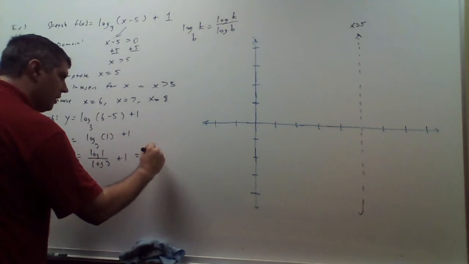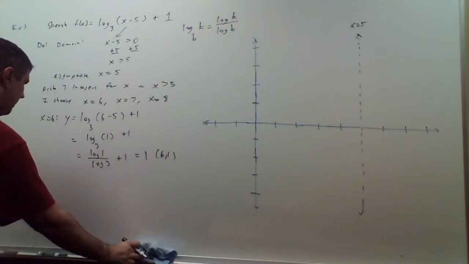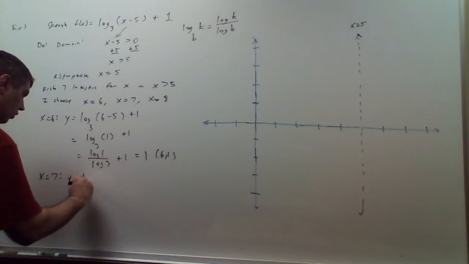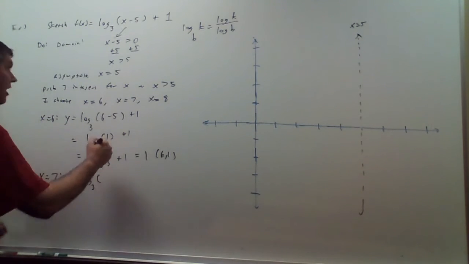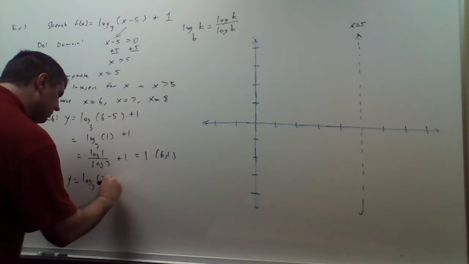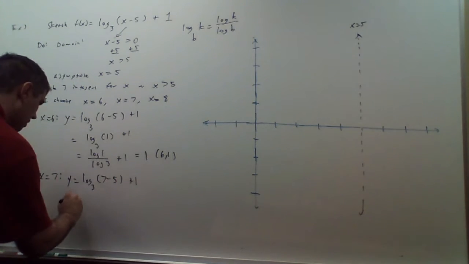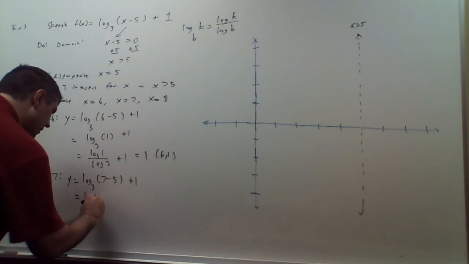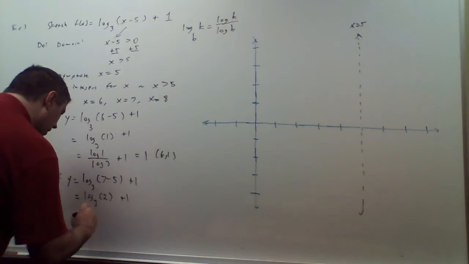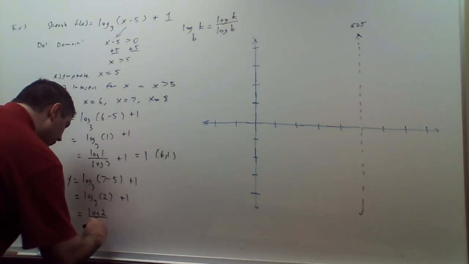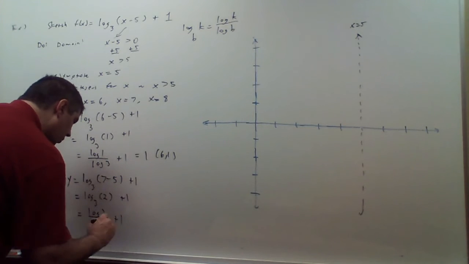I have 6, 1. Next step, x equals 7. So y would equal log base 3 of 7 minus 5, plus 1. So that'll be log base 3 of 2 plus 1. So log of 2 over log of 3 plus 1.